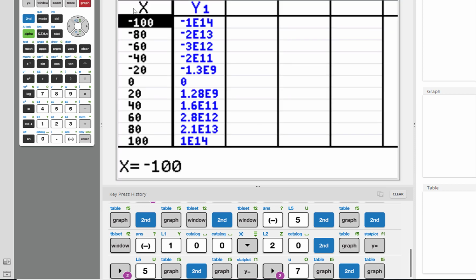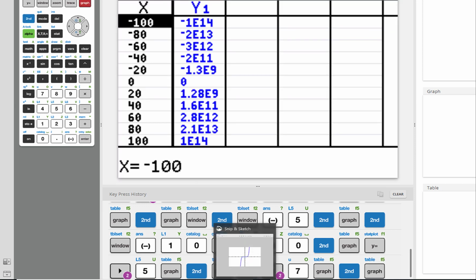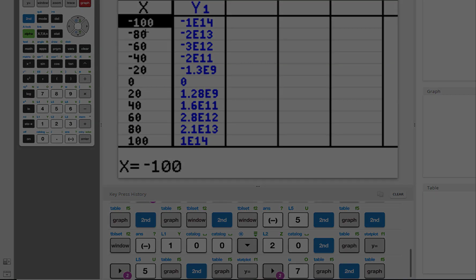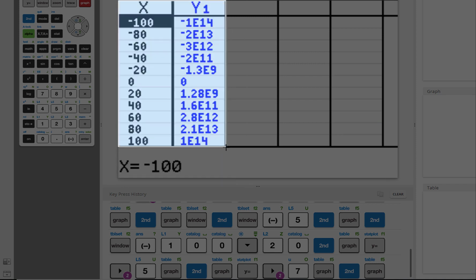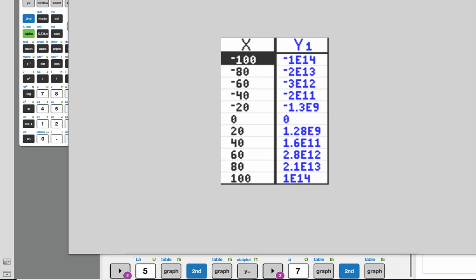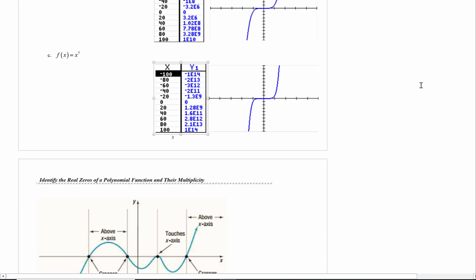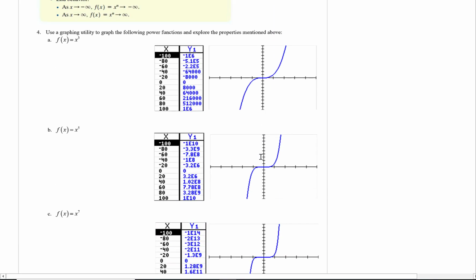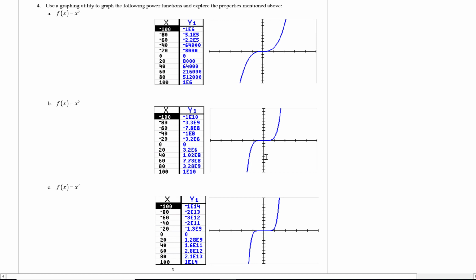And now I'm just going to copy and paste the table of values as well. All right, we've got them all there. Excellent. So there we go. I will explain what these table values mean, okay?